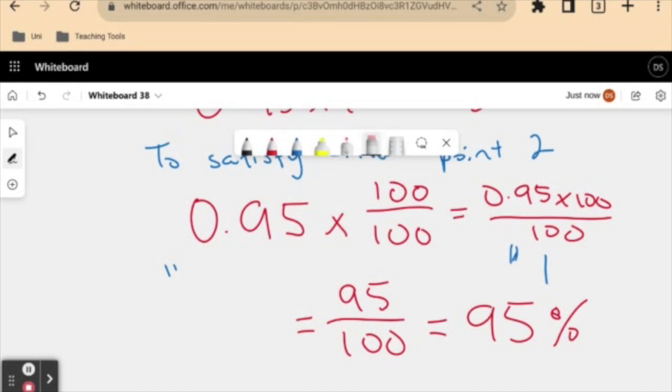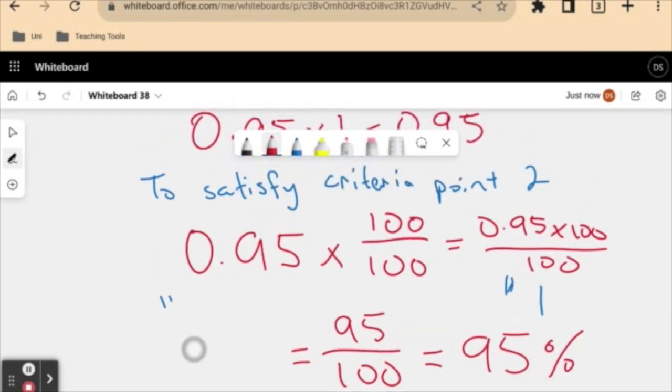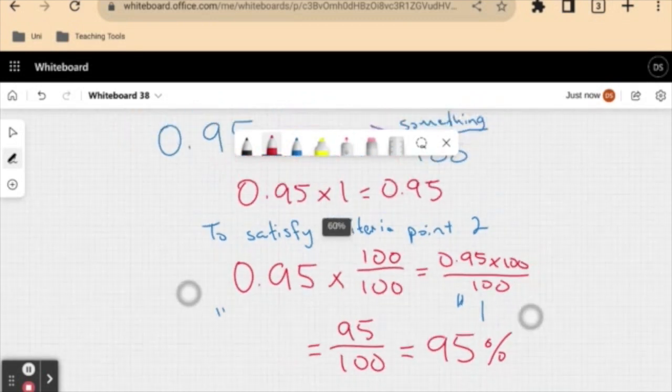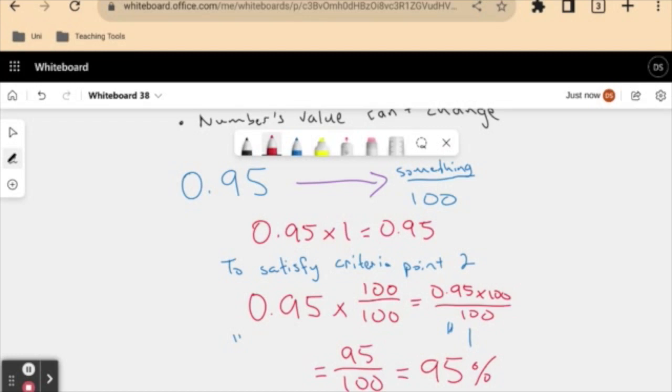I know I waffled on a little bit with all of this, but that is to give you some of the intuition behind converting between decimals and percentages. Because we need to get this to the form of something over 100, we need to multiply our number by something over 100. But in doing that, we can't change the value of this number, because a percentage is just an equivalent representation.